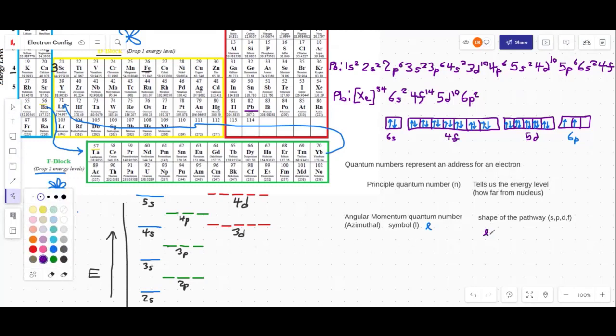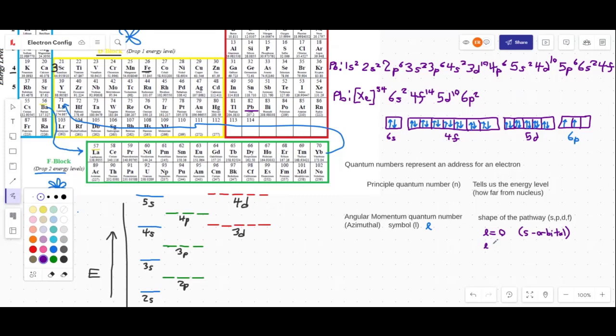For example, if L is equal to 0, that's an s orbital, always. It doesn't matter if it's 7s or 1s.